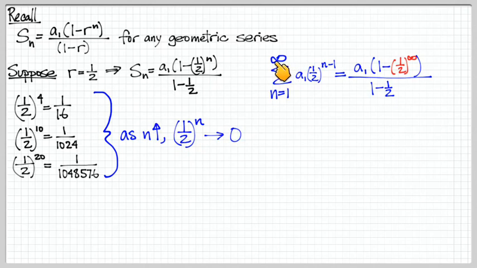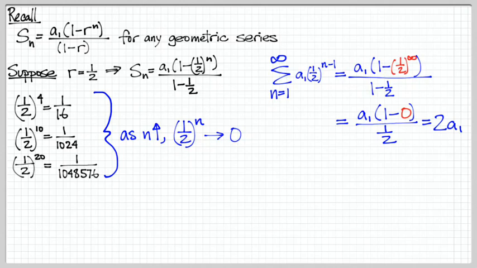So if I were to rewrite it like this, the sum of all the terms from 1 forever and ever, never stopping, of this infinite geometric series a1 times 1/2 to the n minus 1. In this case, I plug it into my formula. I'm going to take liberties and write it like this: 1/2 to the power of infinity.